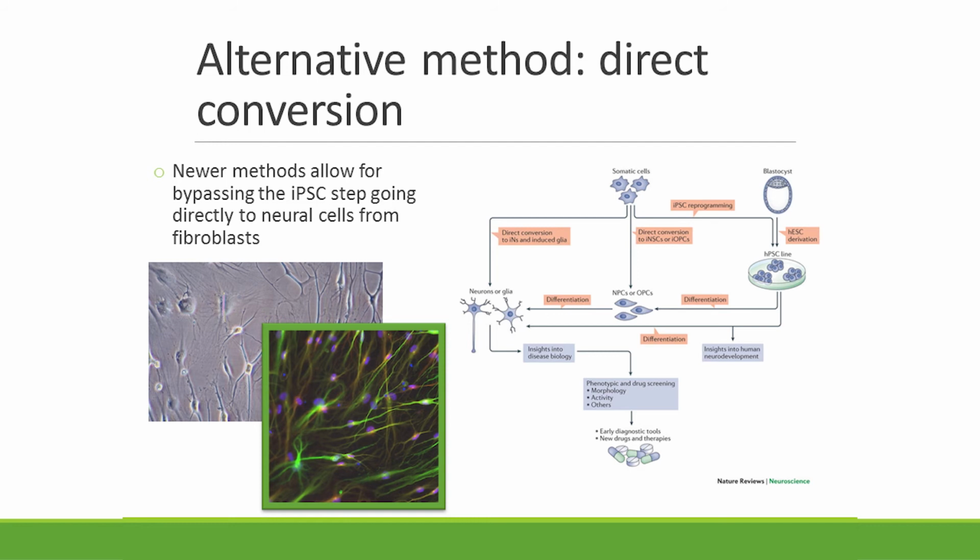So instead of going through this pseudo-embryonic stem cell, differentiating it and making the neurons, there are now techniques where you can go right to neurons. This is what Debbie in our lab, who's very good at cell culture, was doing, using these newer techniques.